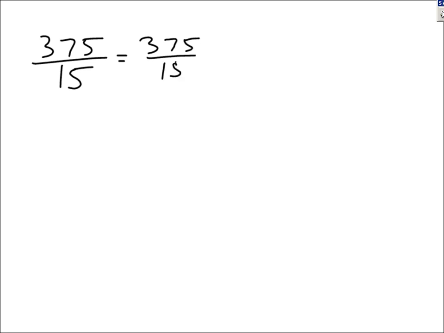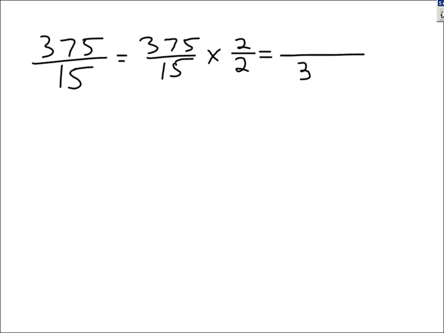Okay, now, what if you have 375 over 15? There's nothing to multiply 15 by to get 10 or 100 or 1,000 or 10,000, etc. But you know what? Well, 15 is a 2-digit number. I can get it to be a 1-digit number by multiplying by 2 over 2.